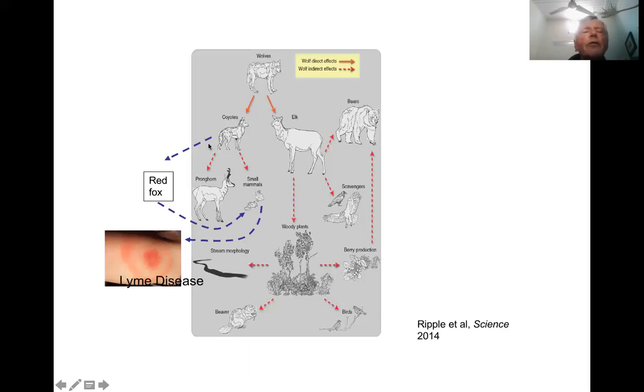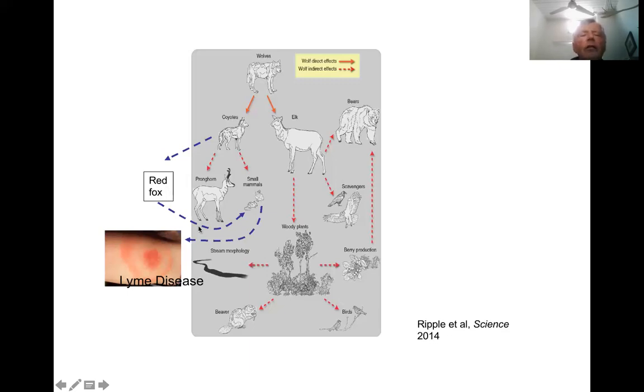Here's another one that's very cool that is just now coming to light that I think you can all relate to in some ways because you're all familiar with Lyme disease. How in the world could wolves be linked to Lyme disease? Well, they probably are. And here is the pathway by which they are. Wolves have an influence on coyotes. Coyotes, in turn, have an impact on foxes because just as wolves limit coyotes, coyotes limit small carnivores like foxes.